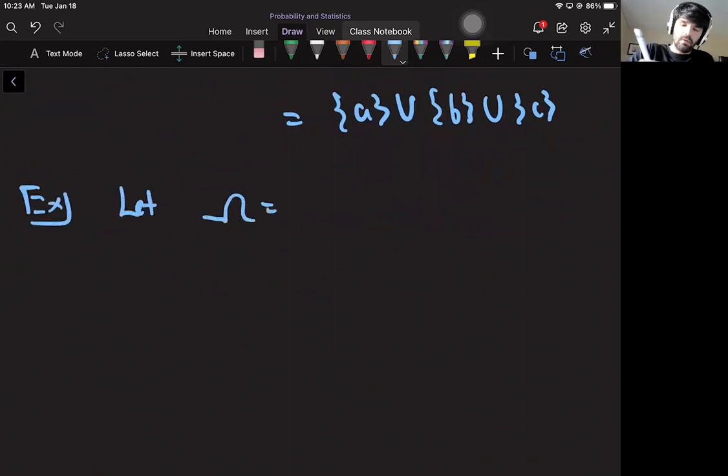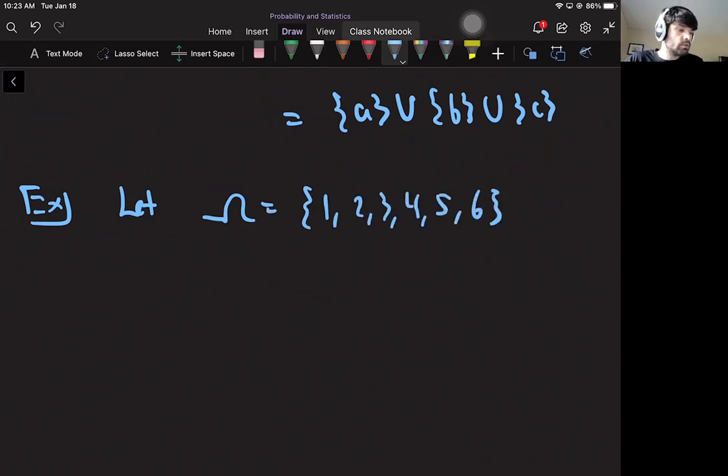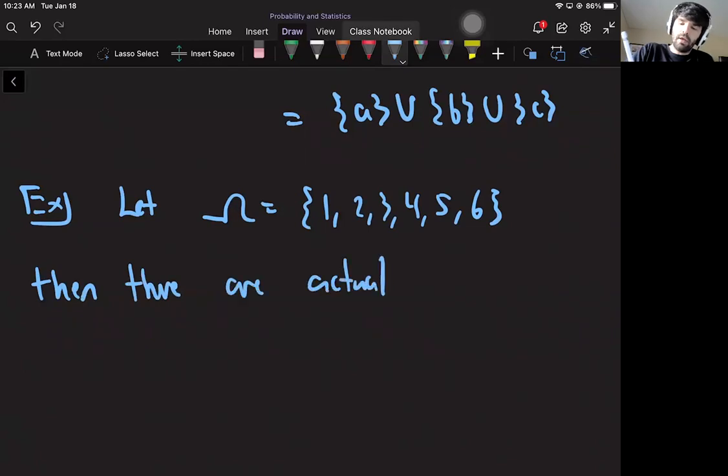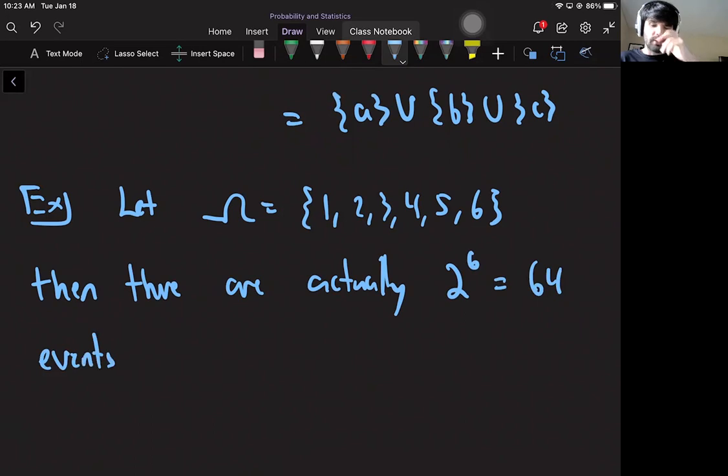So let's think about rolling a dice. 1, 2, 3, 4, 5, and 6 are the outcomes of the dice roll. It turns out there are actually quite a lot of events, 2 to the 6, which I think is 64 events. So if you tried to figure out all possible events, meaning all possible subsets, you would get 64 of them.